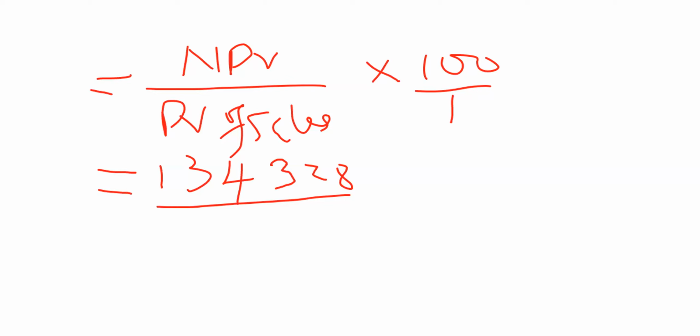So equal to, our numerator hasn't changed. 134,328 over that present value in that question, which is 3,537,312, times 100 over 1.